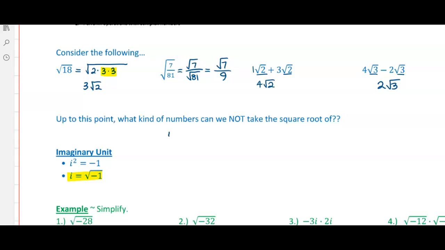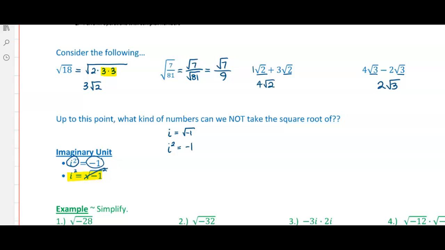So I'm going to start with that. i to the first is the square root of negative 1. If you square both sides of this equation, you end up with i squared. And when I square the right side, the square root and the squaring cancel out, and I'm left with negative 1.